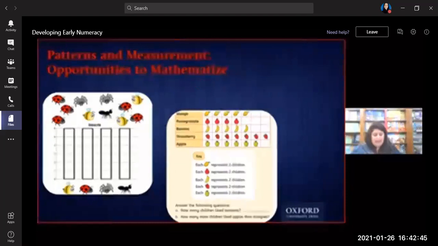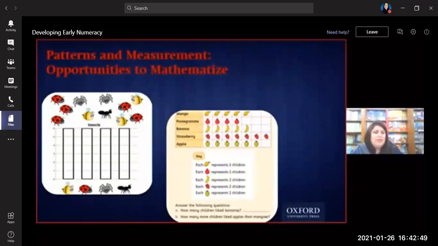Okay, so we can actually have very interesting activities with these little bugs here, and children can actually observe and mathematize and see which insects are more and which are less.